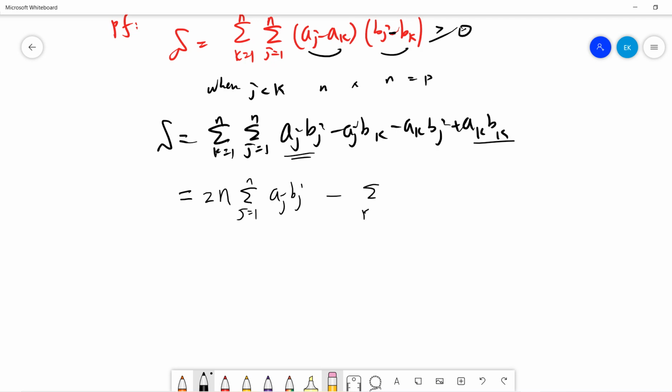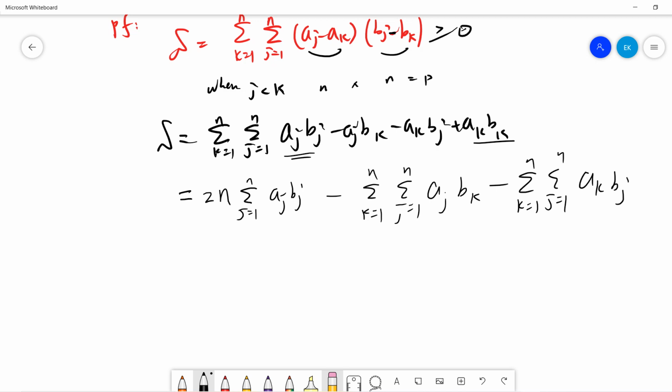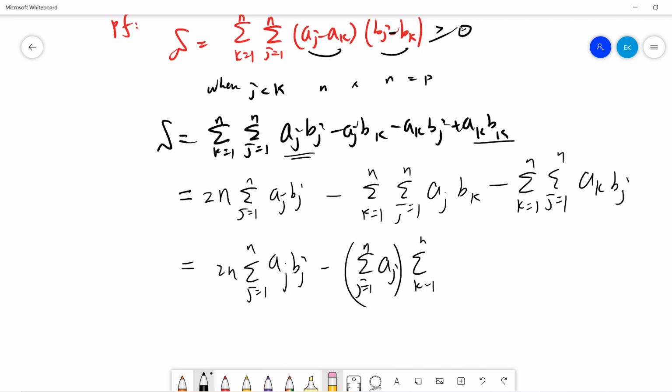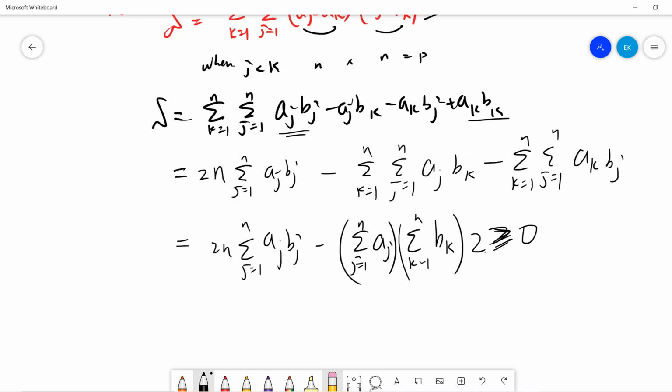Then you have the sum over k and j of aj bk, plus the sum over k and j of ak bj. These two terms, j and k, are separated, so I can change it into this. And this term is the same as this, just changing the dummy variable, so we can just multiply by 2. And this is greater than or equal to 0.